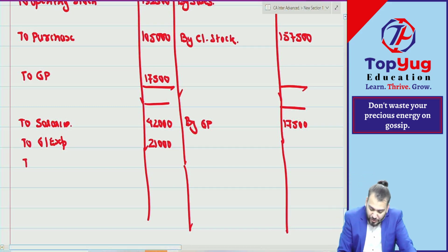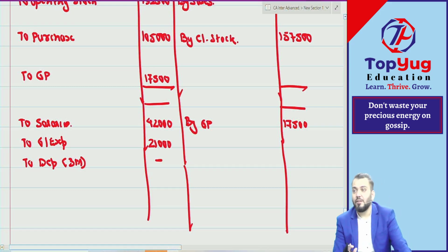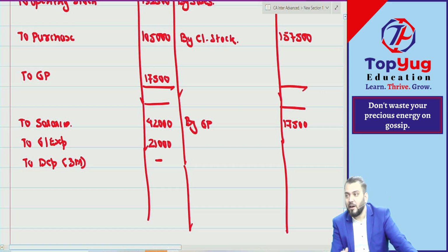Should depreciation come? For how many months? 3 months. But what is not given? Rate of depreciation is not given. So whenever the rate of depreciation is not given, ignore depreciation. We will not assume a rate on our own. Understood? But if given, the depreciation will also come for 3 months.